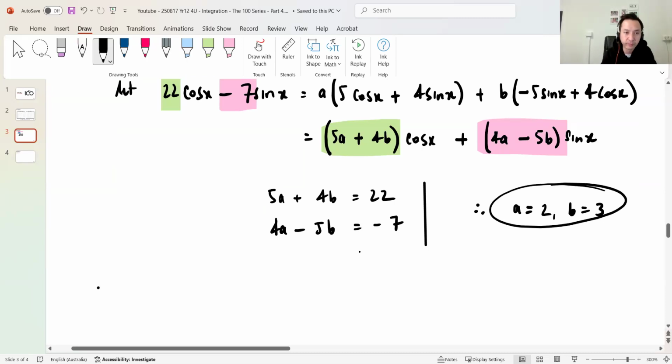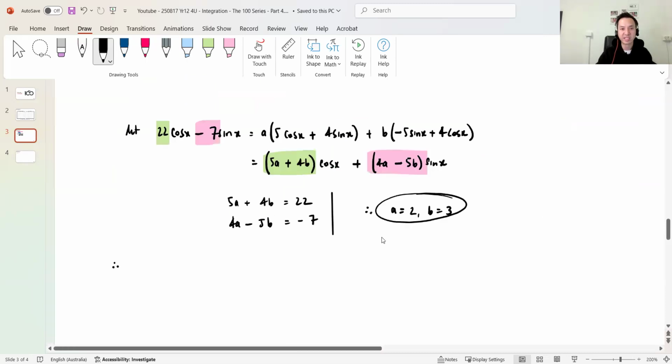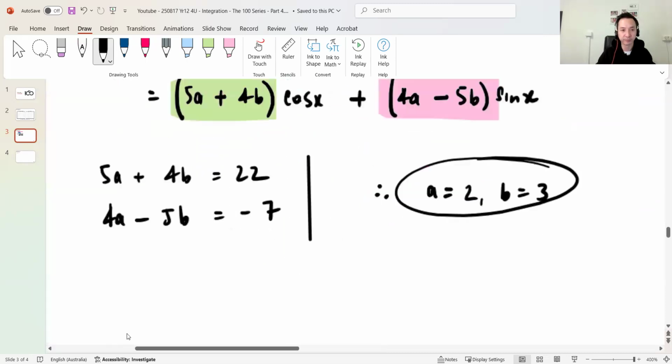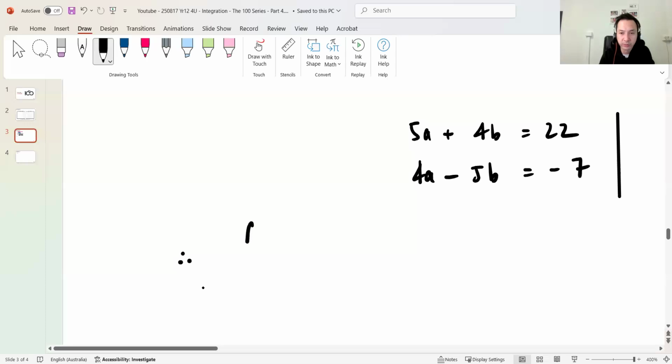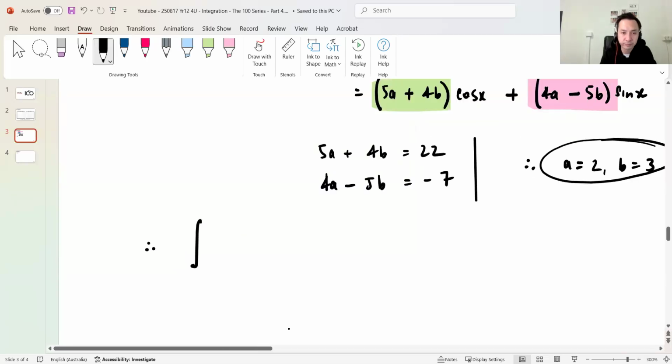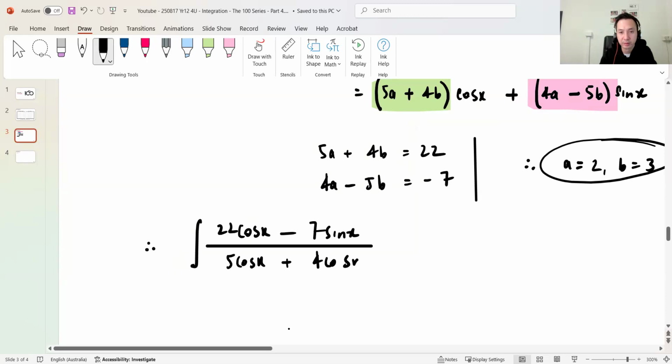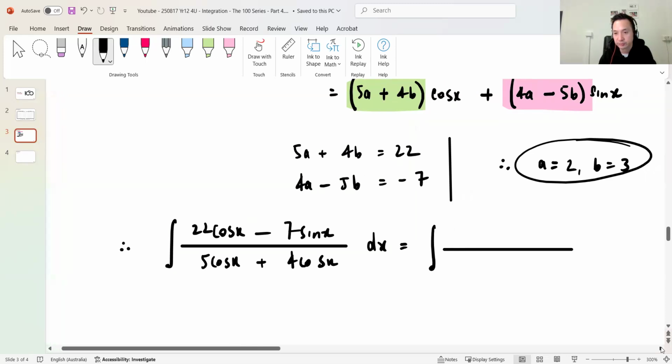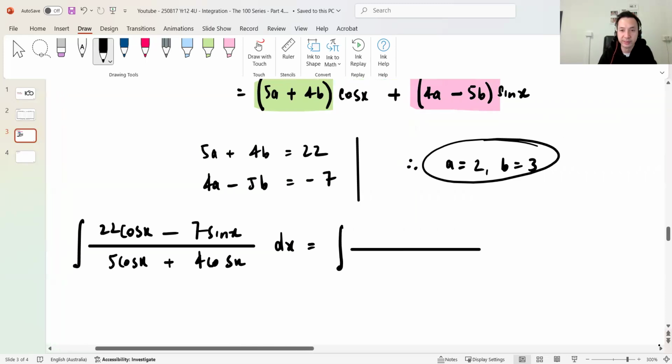So therefore, I now can split my integral of (22 cos x minus 7 sine x) over (5 cos x plus 4 sine x) into a combination. The first one is 2 multiplied by the function.